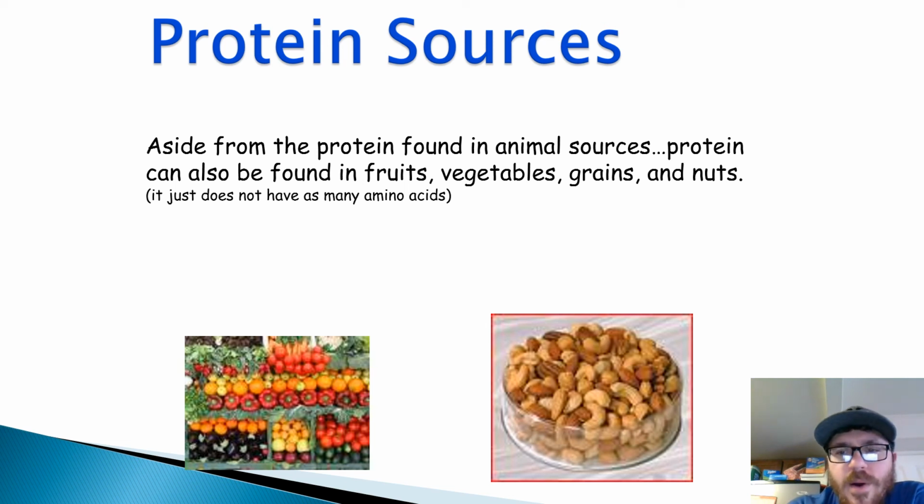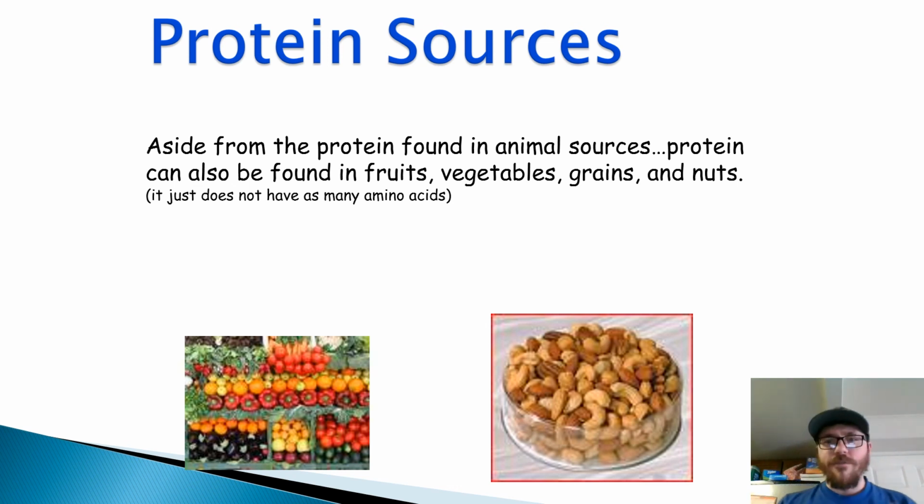It doesn't have as many amino acids. It's more about which amino acids are present. And if you are fully vegetarian or vegan, it's just something that you want to consider to make sure that you're getting a complete kind of spectrum. Because recall that we cannot make all of the amino acids that we need based off of just a willy-nilly diet.